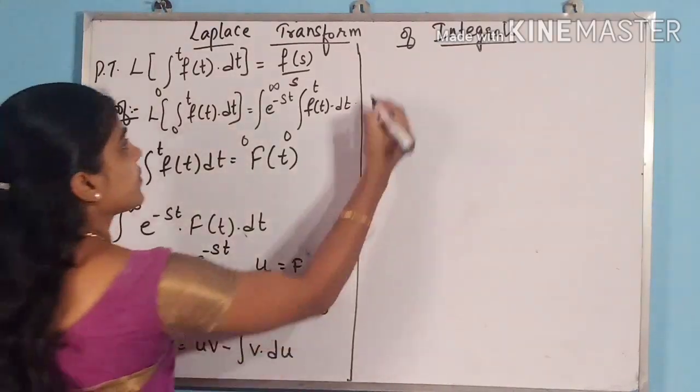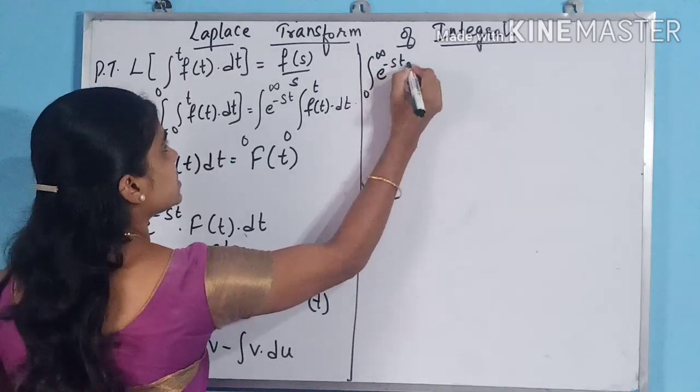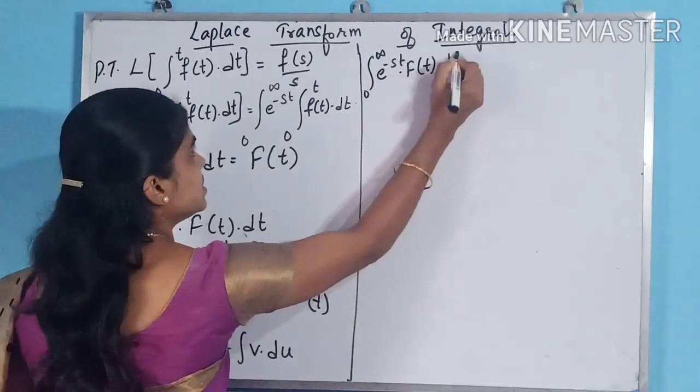So we have integration 0 to infinity e raised to minus st F of t dt.